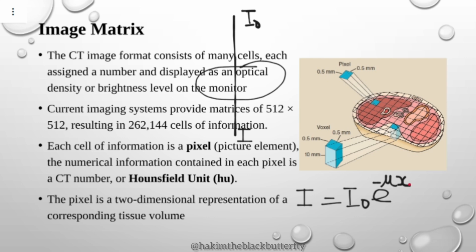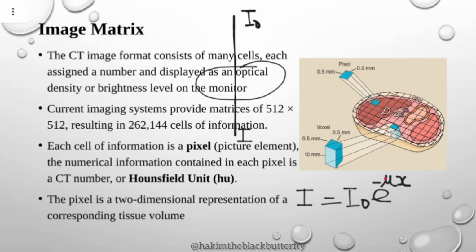This equation is very common to people who have ever done mathematics. It is an exponential equation where I is the final intensity measured, I naught is the initial intensity measured, and mu is the attenuation coefficient.